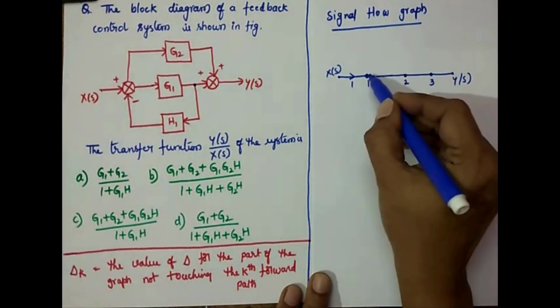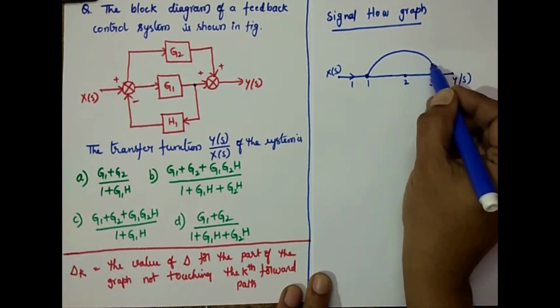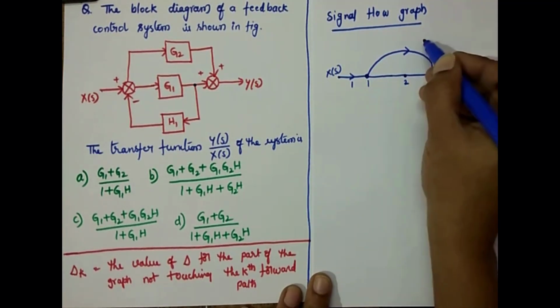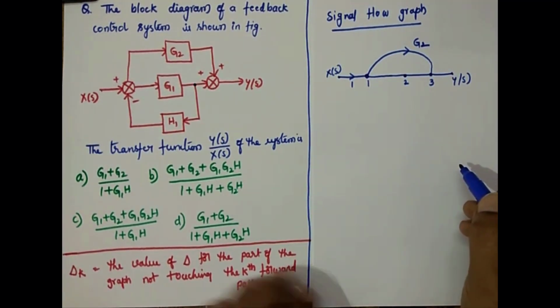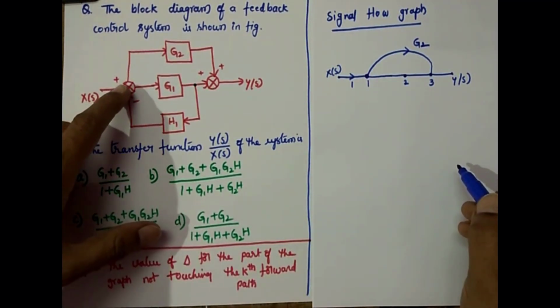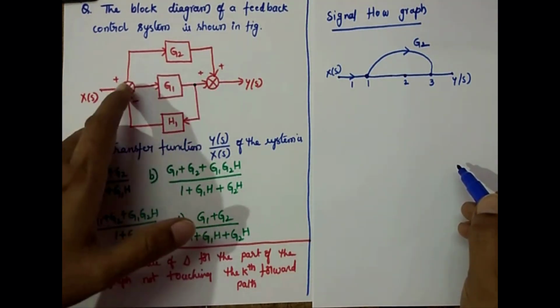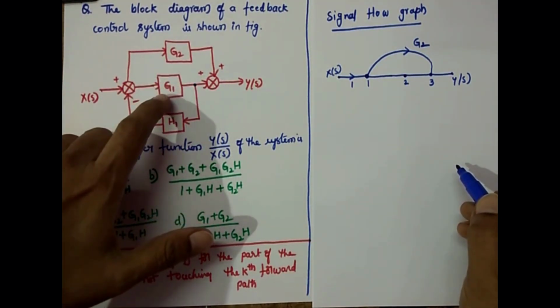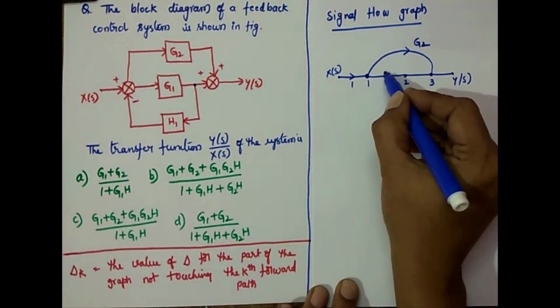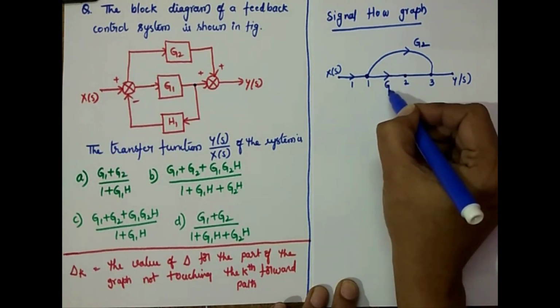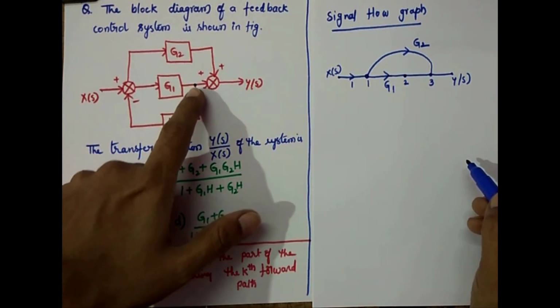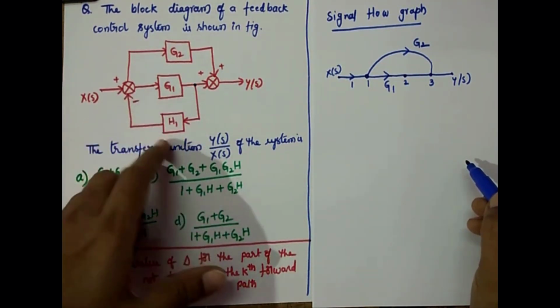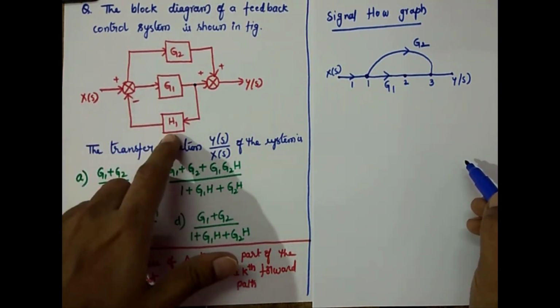Okay. So now 1, 2, 3. This is nothing but G2. And next, between the summing point and takeoff point in the forward path, you have G1. Means between 1 and 2 you have G1. And from this takeoff point to the summing point, you have the feedback H1.